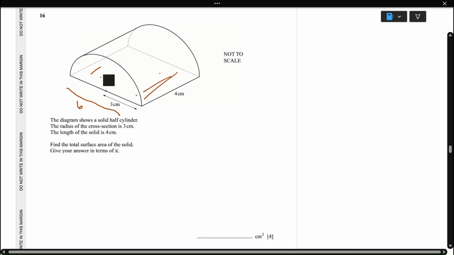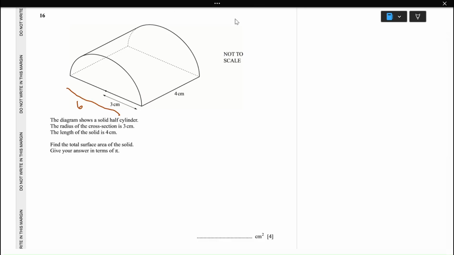So for the total surface area, the first one is going to be 24, plus now I'll add the cross sections. Both cross sections: 2 times 1 by 2, because there are two sides, this side and the other side.